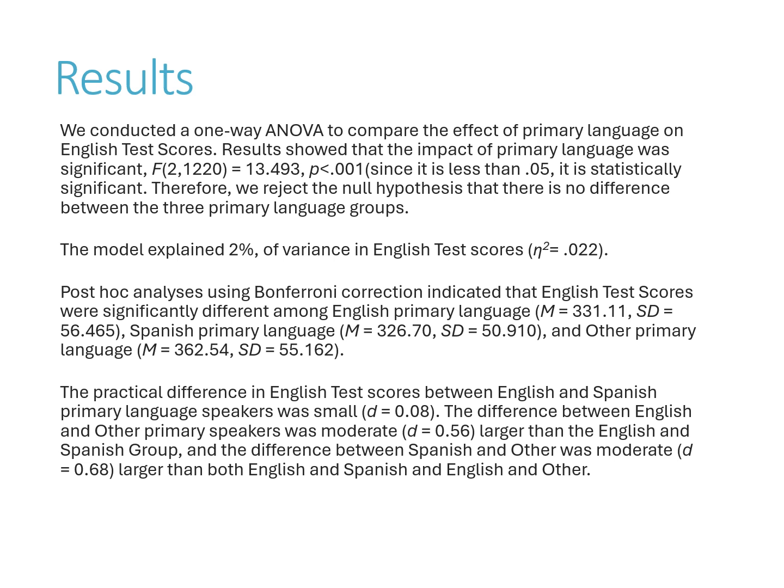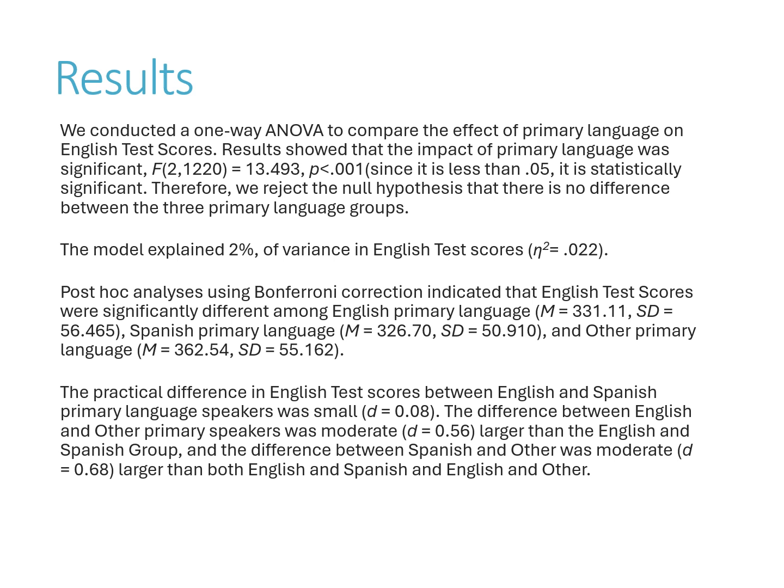This means that we reject the null hypothesis that there is no difference among the three groups observed in this data set. We also looked at the effect size with an eta squared of 0.022, indicating that about 2% of the variance in English test scores can be explained by primary language.